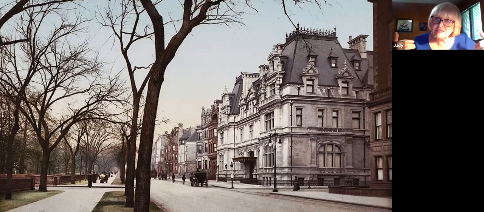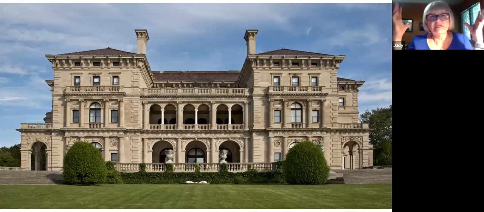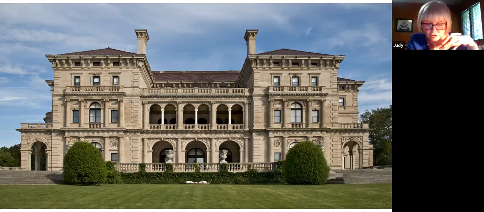I'm going through this because you'll see the artists that came a little later reacted to this, so that's why I'm spending time on it. Here you have a beautiful mansion in Rhode Island, the Breakers. Most of this big accumulation of wealth took place in the northeastern United States.